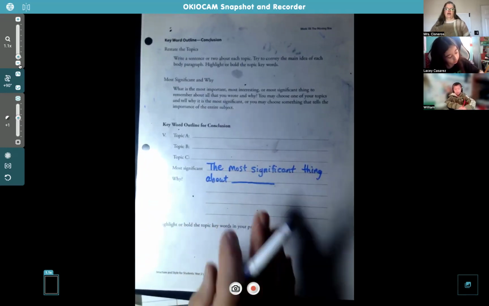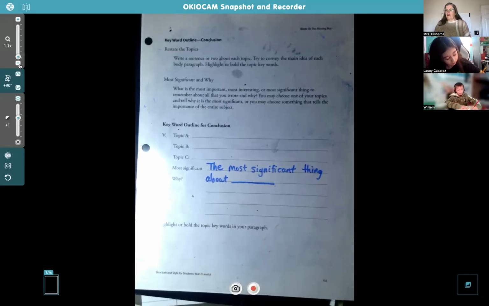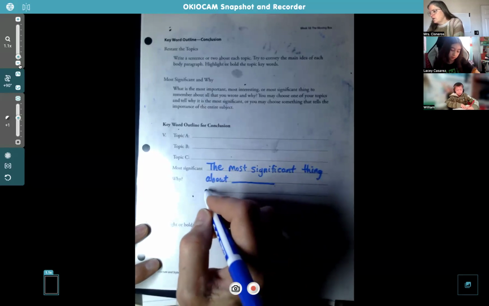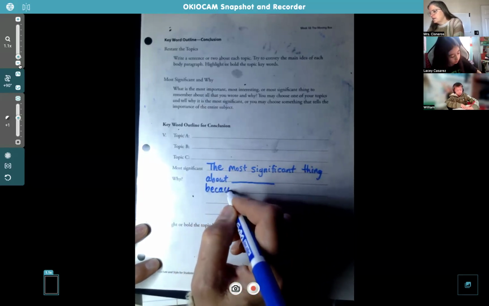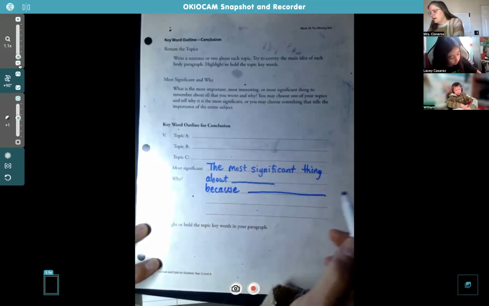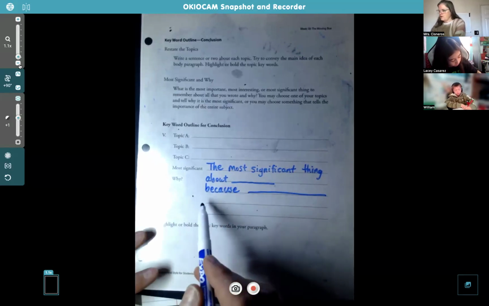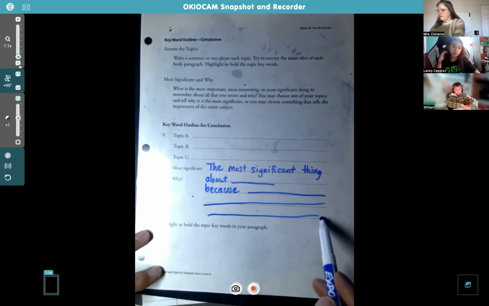This one's going to be about whatever part you want to tell is the most significant thing about your paper. And then I want you to use the word because and then blank. And you can use all these lines if you need to, okay?